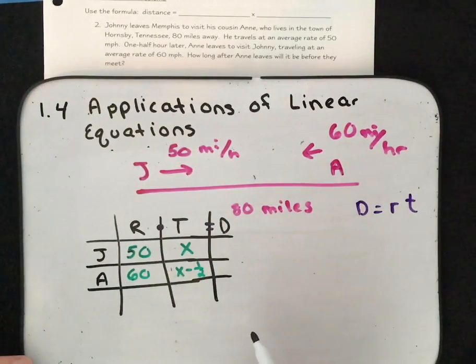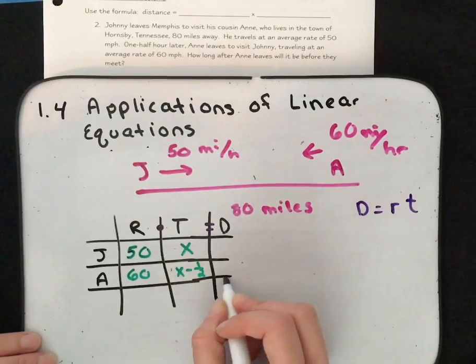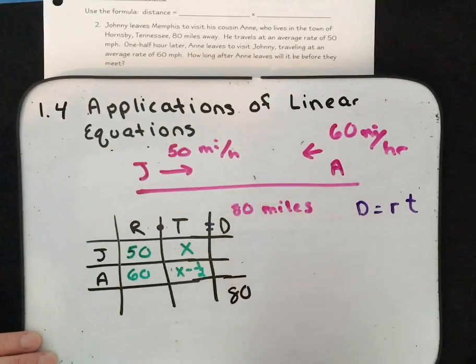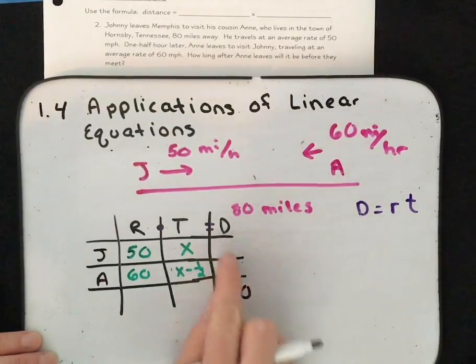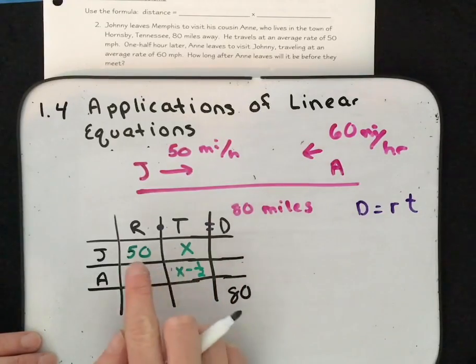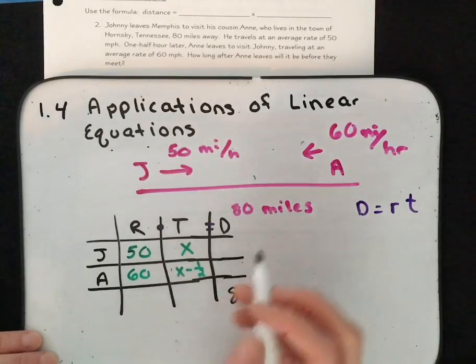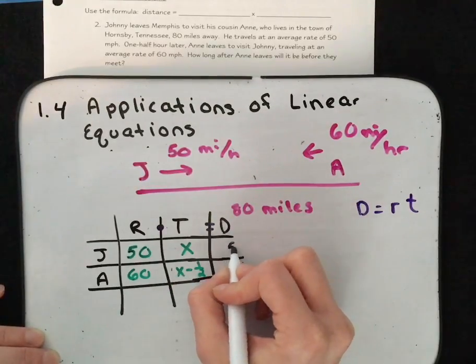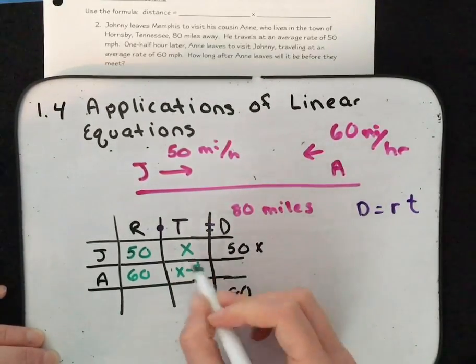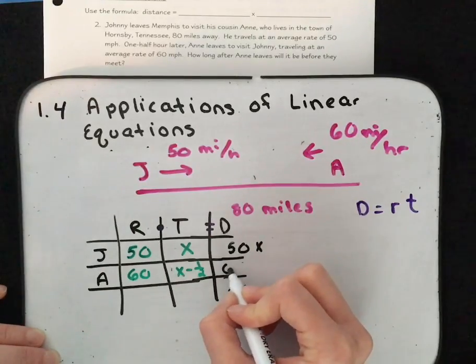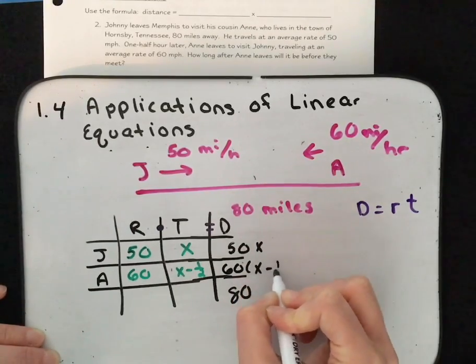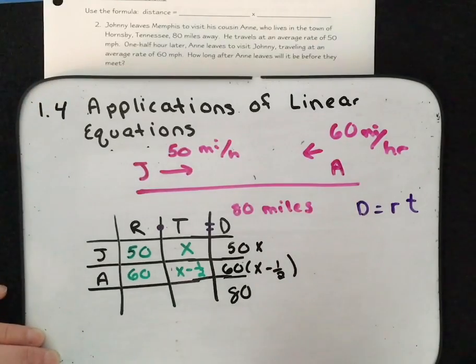We can figure out the distance for Johnny and for Ann by multiplying rate times time, because distance equals rate times time. So 50 times x gives us 50x, and 60 times (x minus 1/2) looks like that.